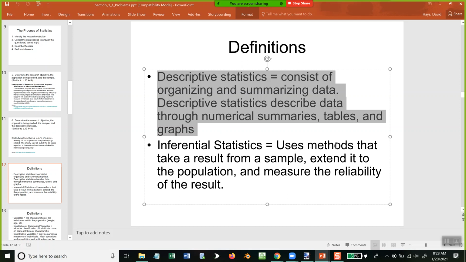Inferential statistics uses methods that take a result from a sample, extend it to the population, and measure the reliability of the result. How long would it take me to go around and talk to everybody in Wellington? Forever? Would I even be able to talk to everybody? No. If people see me at the door, they might not even answer, right? So I don't get to talk to everybody.